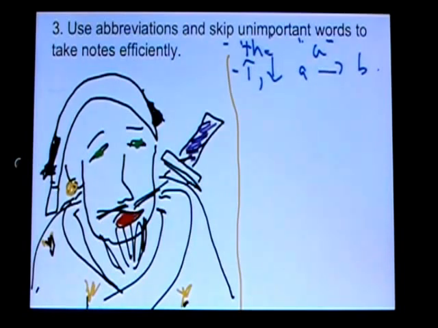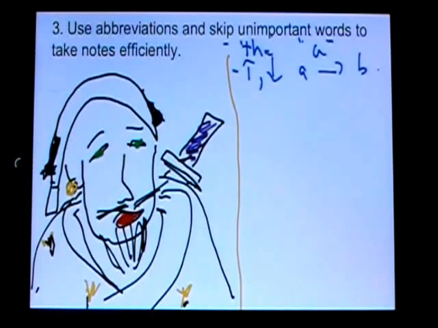Try using these abbreviations. You have to formulate your own abbreviations when you take notes. Everybody has different ways of representing words, so you have to find your own style and your own way of representing.